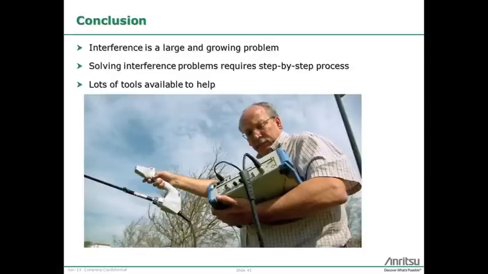So it's growing rapidly. And that doesn't include all the unlicensed stuff, the profusion of Wi-Fi access points, microwave ovens, baby monitors, all kinds of things. The step-by-step process that Eric detailed will go a long way helping you be effective in finding and solving interference problems. And there are lots of tools available to help you do that.